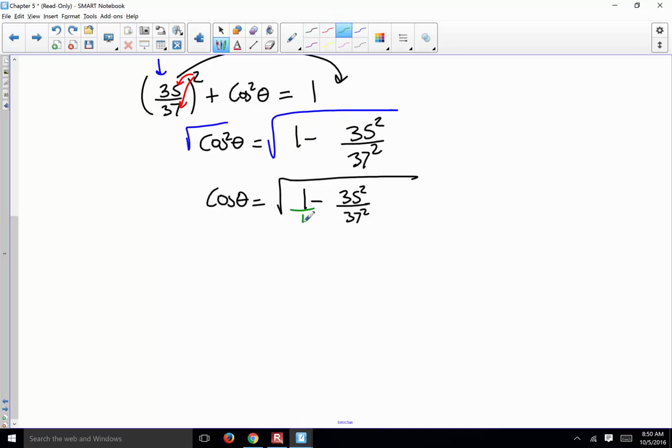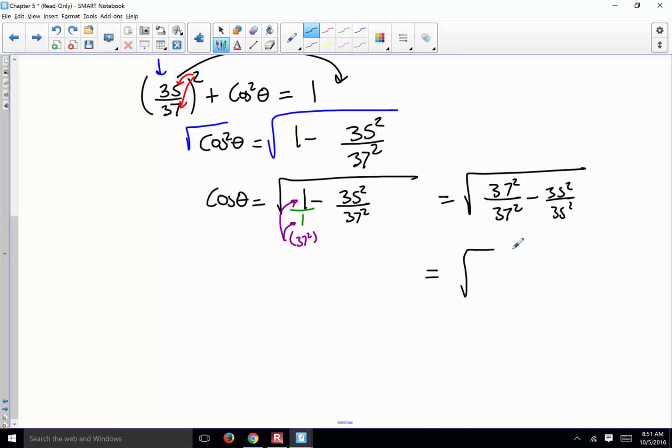You can set the common denominators if you wish. Multiply both sides with this. You get 37 squared over 37 squared minus 35 squared over 37 squared. Oh, you don't need a calculator here if you know your math. Yeah, you can do this by calculator, but this is the smart way.